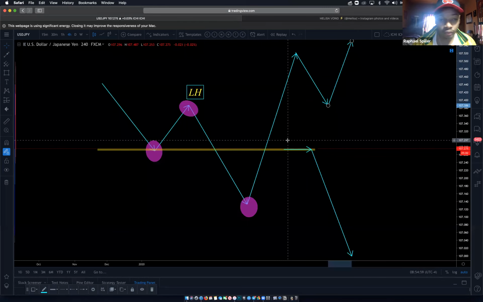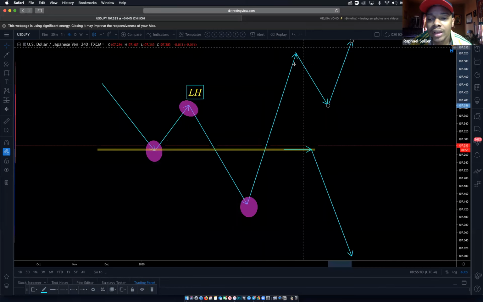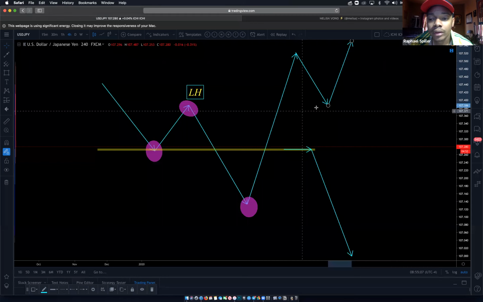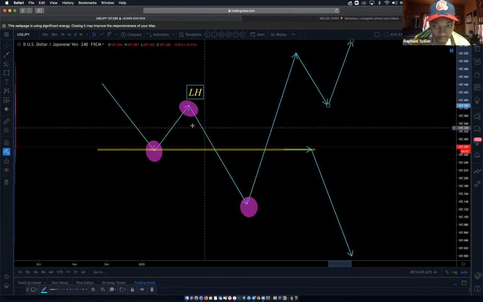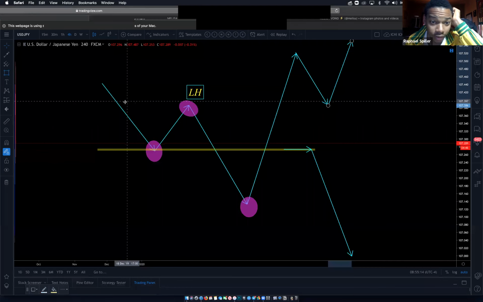That's how you know it's going to reverse. It has to do all three things: impulse, break the recent high, retest that high, then take off. That's how you know. But the first thing you need to identify is the break.